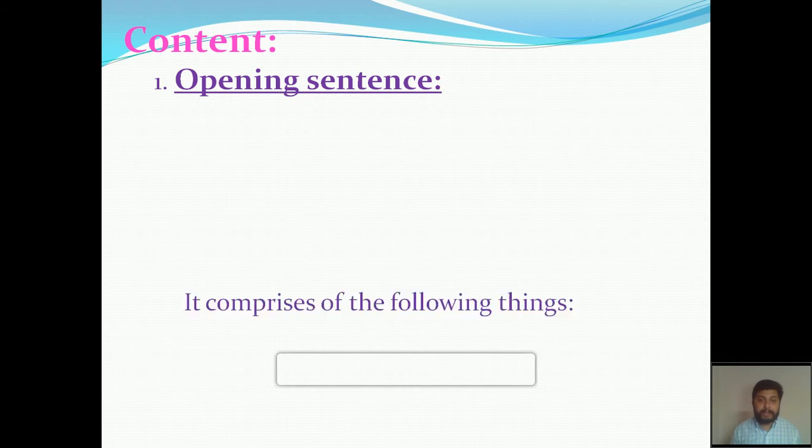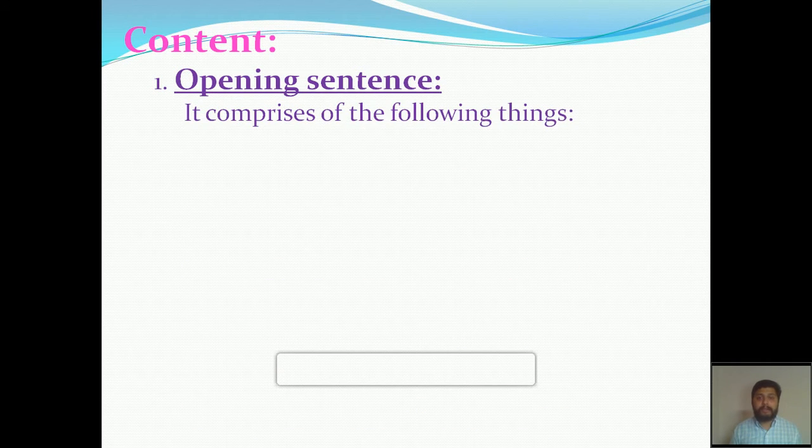Now let's move to the content part, or the body part, where we are writing all the necessary information. Under the content, the first point is the opening sentence. We have already saluted the person, we have already addressed the person. Now we have to start the content, which starts with the opening sentence.